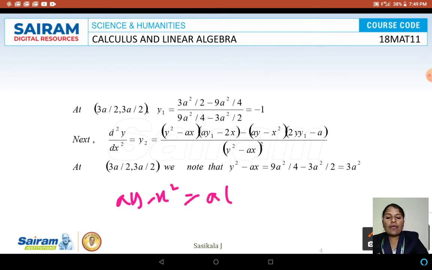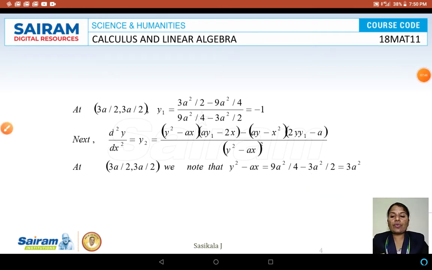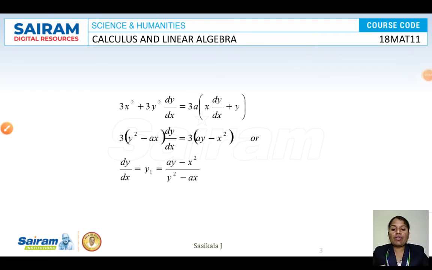A of y, it is 3a by 2 minus of 9a squared by 4. See here, it will be taking that 3a squared by 2 minus 9a squared by 4. So take the LCM 4. It will be again, instead of 3a squared, you will get for minus 3a squared. That's it.